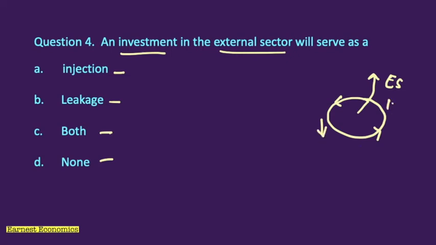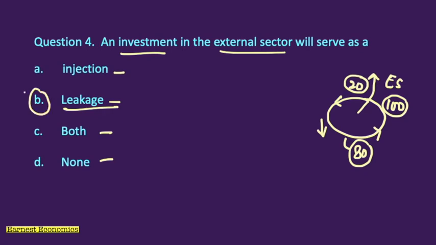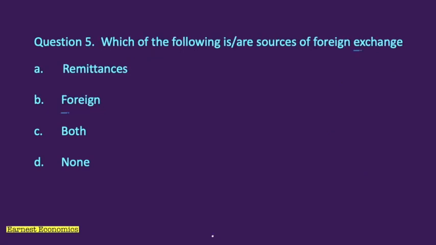For example, if we had $100 in the circular flow, and among these 100, $20 move to the external sector, then we are left with $80 only in the circular flow. So investment in the rest of the world in the external sector is going to serve as a leakage. So the right answer in this case will be the B option.